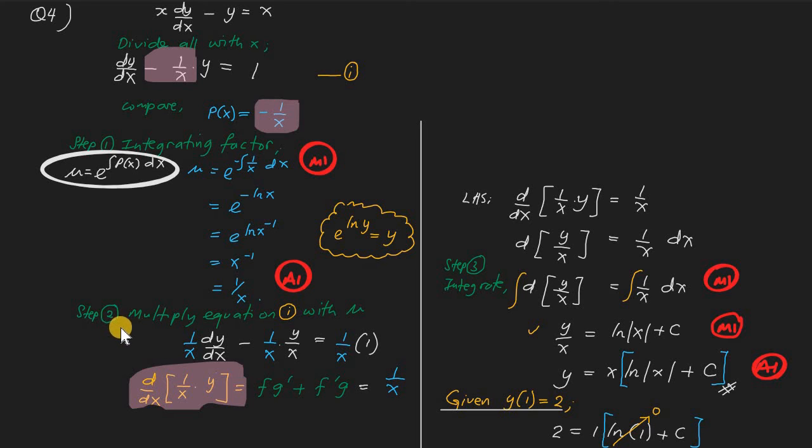Then step number 2, you are supposed to multiply the equation that we have obtained just now with this integrating factor, which is 1 over x. So multiply on this equation. You carry another mark there. Don't skip it. Don't skip until you are able to recognize that this is actually the product rule.